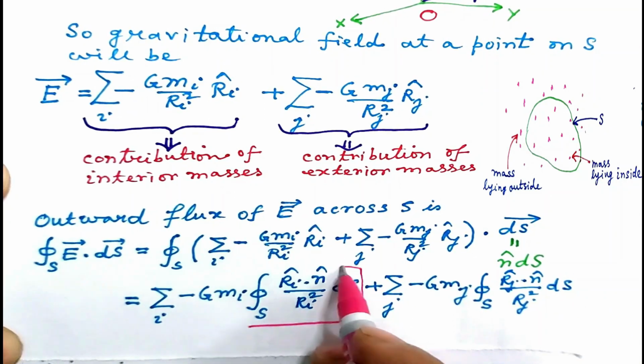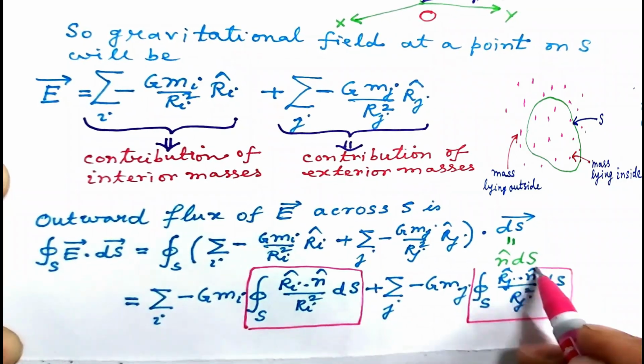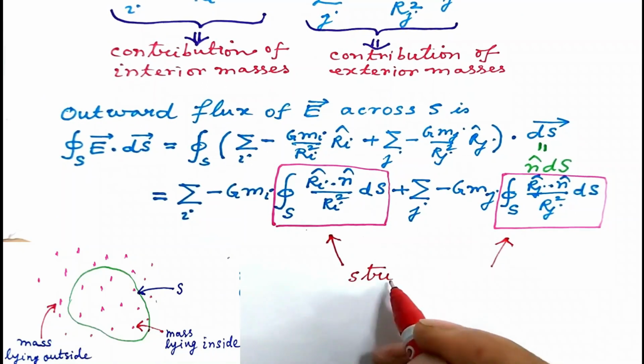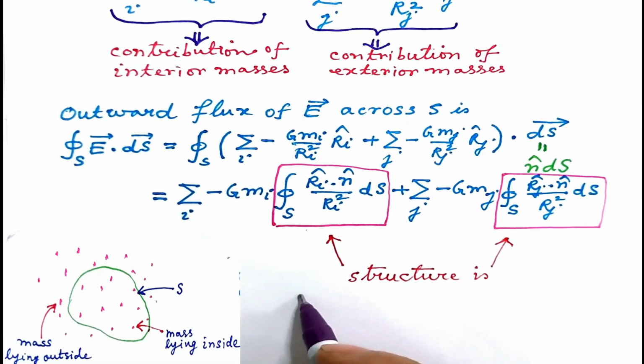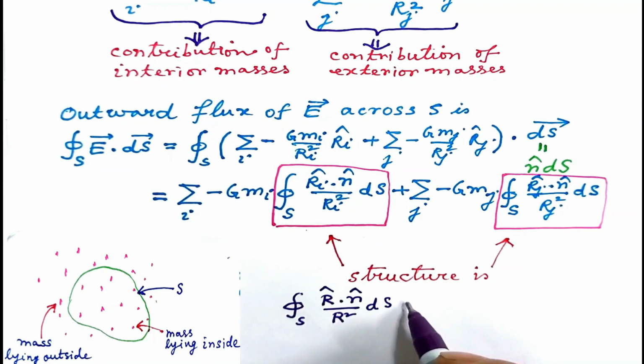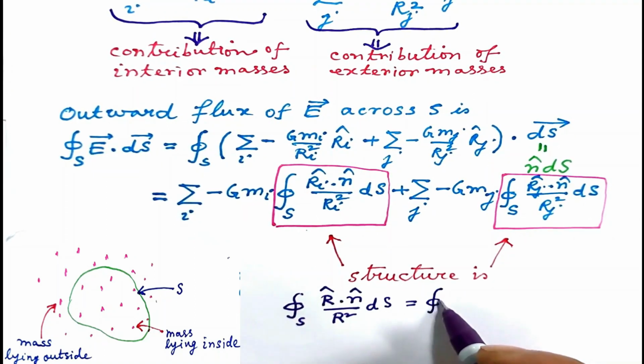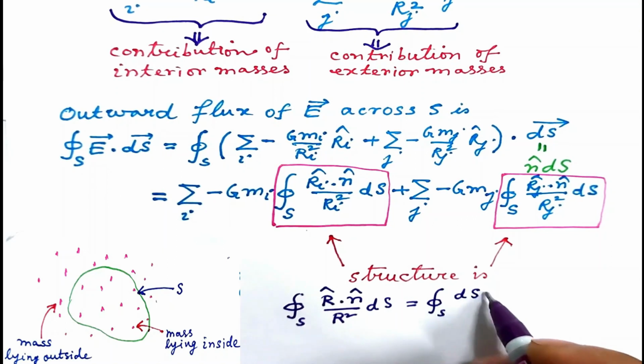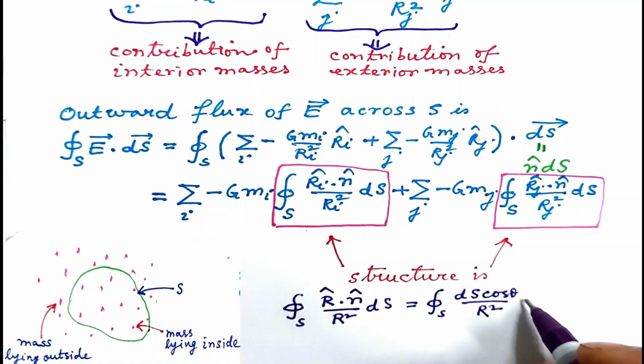Let us focus attention upon these factors. The structure of these factors is closed surface integration over surface S of r hat dot n hat by r square into ds, equal to closed surface integration over S of ds cosine theta by r square.